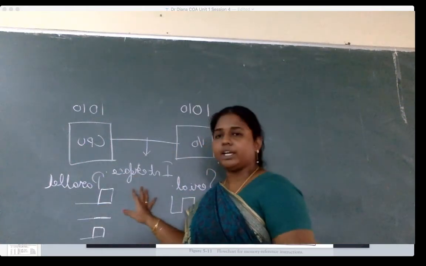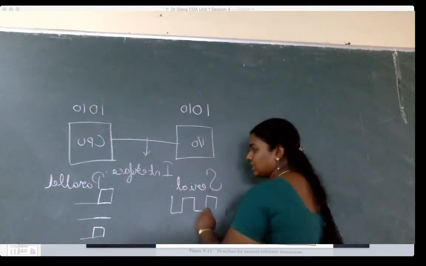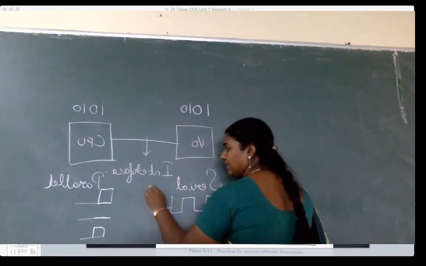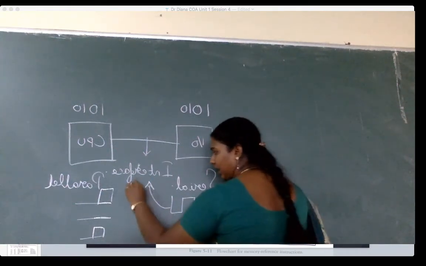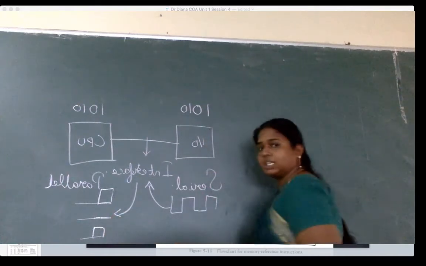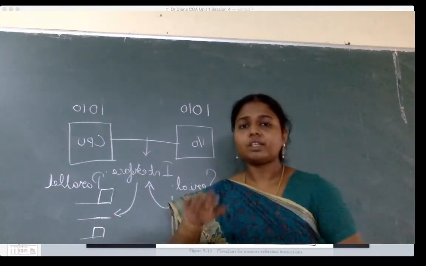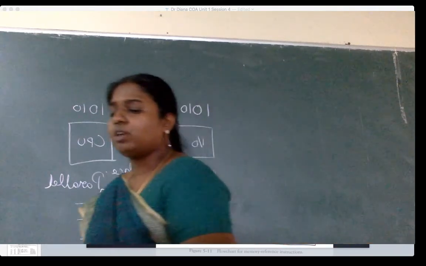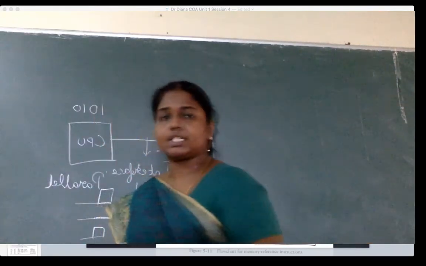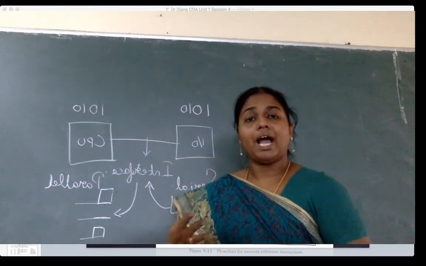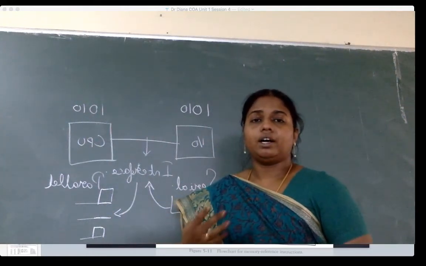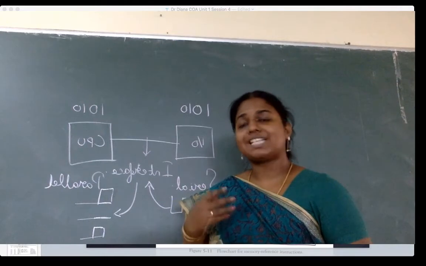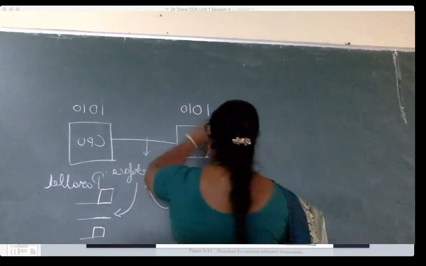So that is what an interface is going to do. The interface will receive this serial information and send out this parallel information. So this is what all interfaces do. Now, to operate this interface, we are going to use some additional registers, called flags or flip-flops.